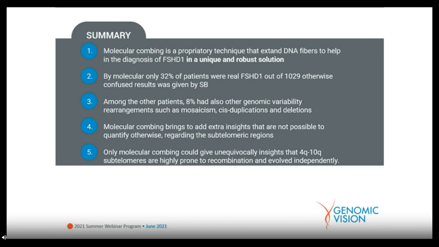Regarding this, we saw that between 4q and 10q, the subtelomeric regions are highly prone to recombine and evolve independently. So this opened up further discussion that would need more research, for scientists and physicians to make a better diagnosis for the FSHD1 patient.